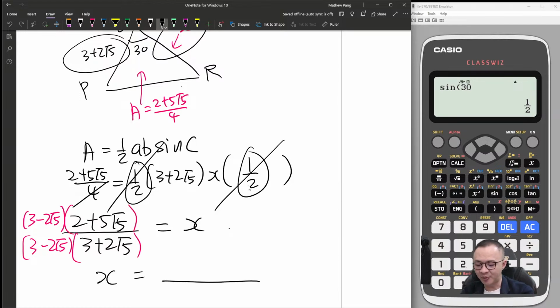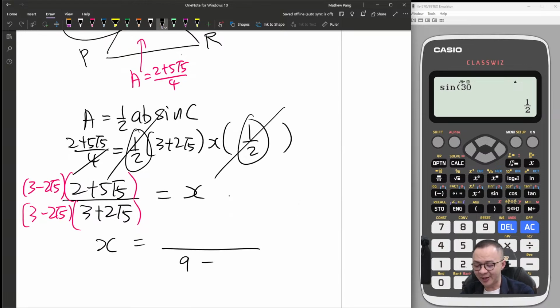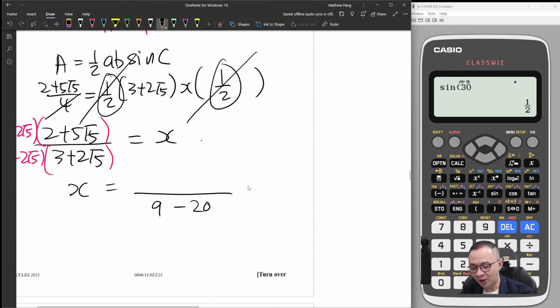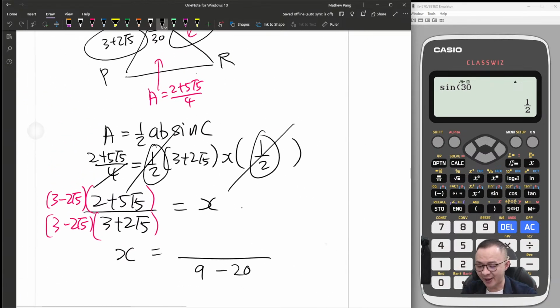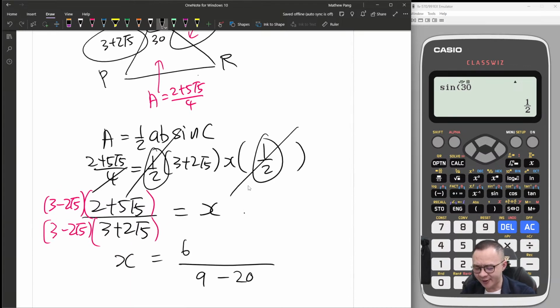Okay, so I solve the bottom first. Bottom should be 9 minus (2√5) squared, which is 4 times 5, 20. Okay, top we will expand. We get 6 plus 15√5 minus 4√5, minus 50.